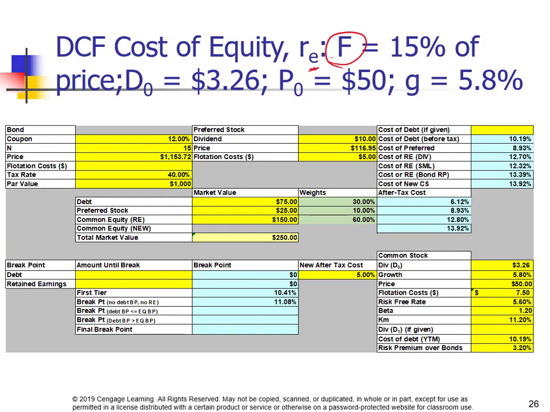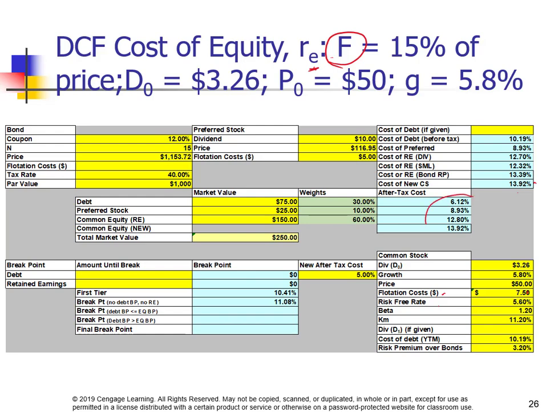So down here in our worksheet where you see flotation cost, they're asking for dollars. So you need to put a formula here, equals 15% times 50. That's $7.50. So now what we end up with is the cost of new equity is 13.92.